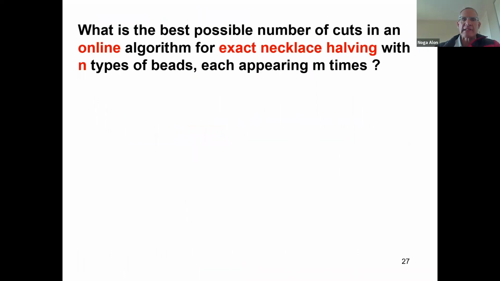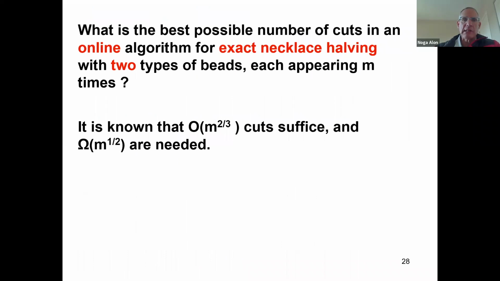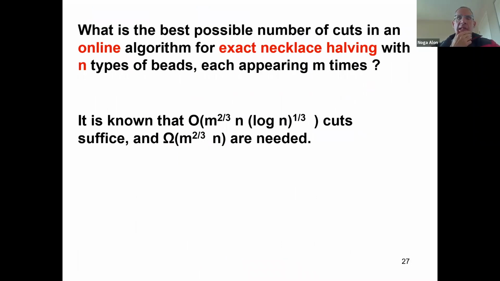Then there is some small gap, but maybe it's interesting to close it, some logarithmic gap about the best possible number of cuts for an online algorithm for the exact necklace halving. So again, I want to split it exactly with n types, each appearing m times.